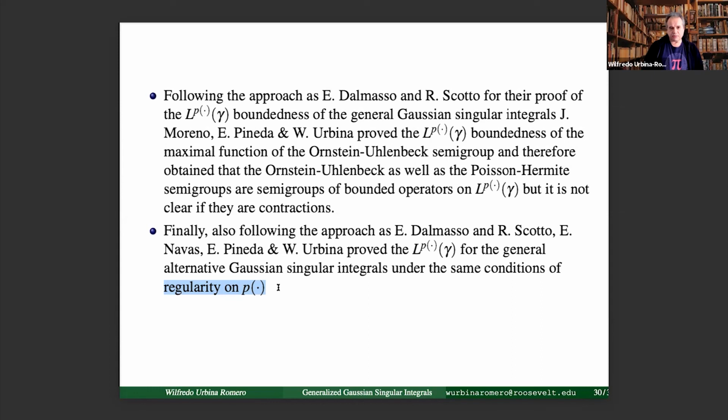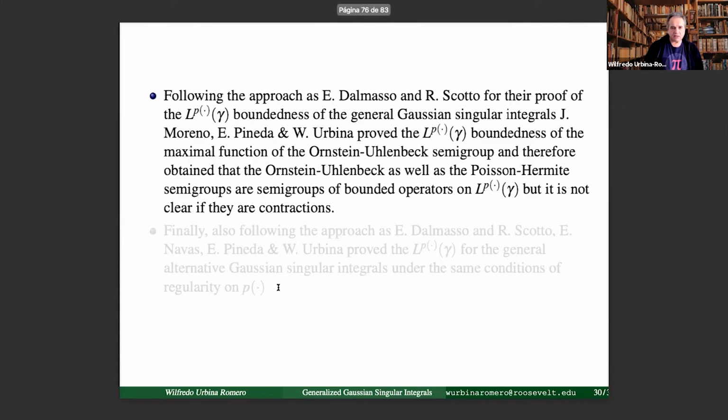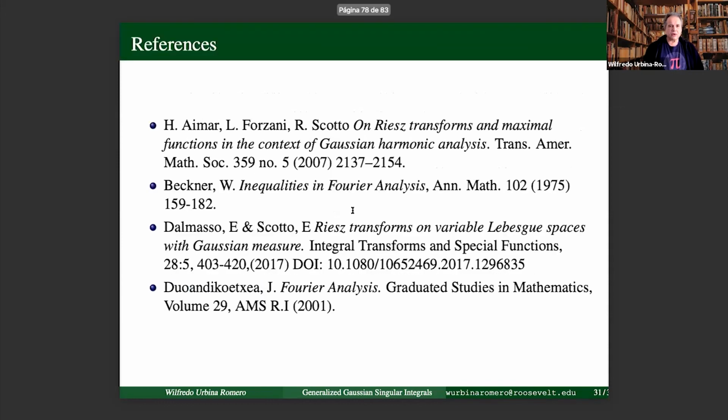Additionally, a student of mine in Venezuela, in spite of all the situation, did his doctoral dissertation on the study of the semigroup, which is LP bounded, variable LP bounded, but it is not clear whether they are contractions as in the original case. Okay, sorry, I think I went a little over time.